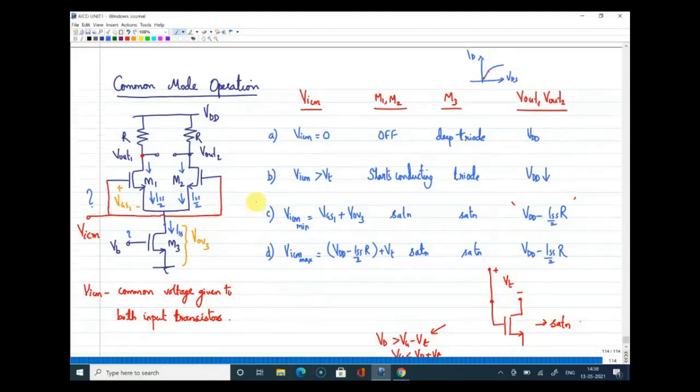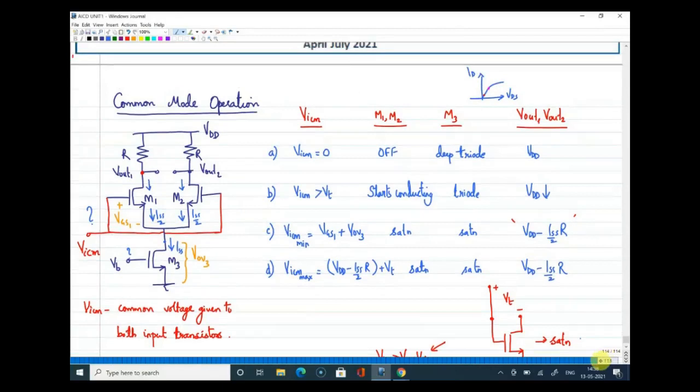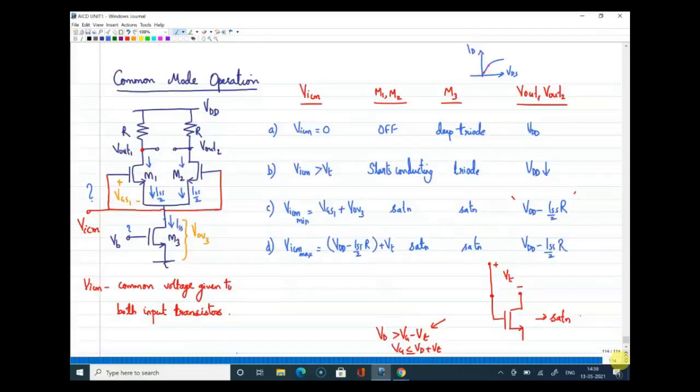What should be that range? This is the range. Why should that common mode voltage be within this range? If it is within this range only, all the three transistors will operate in the saturation region, and this particular range is called the input common mode range, or ICMR.